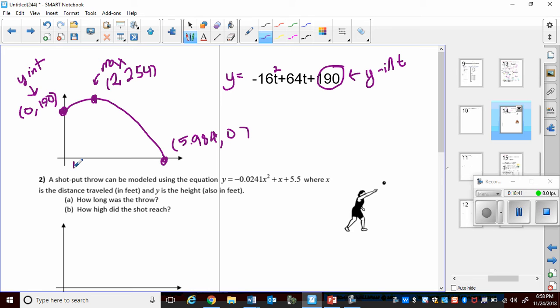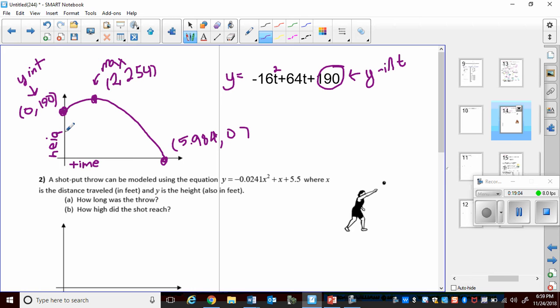Now, I need to label these other things. This is time. So it looks like the maximum time that this ball was in the air was 5.984. The highest point of the ball is at 254 feet.